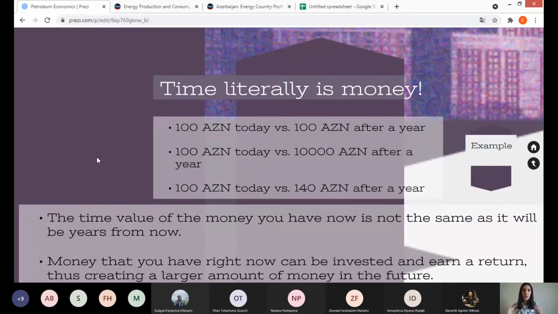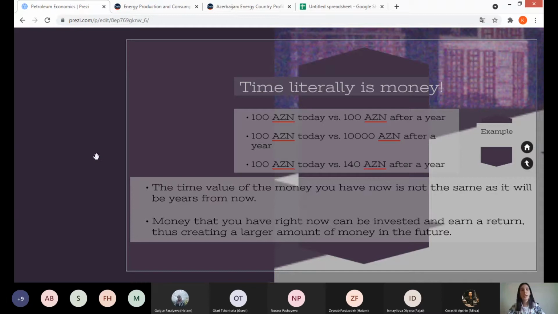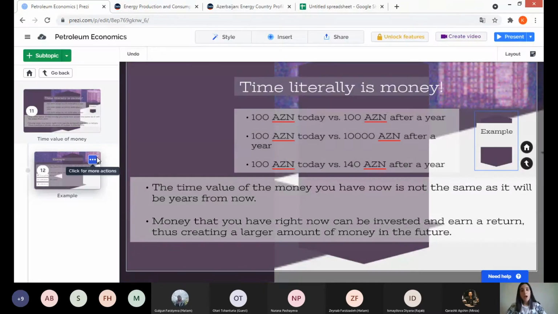So imagine one person came to you and said, I have 100 manat today. So for foreigners, manat is the Azerbaijan currency. So they say, I have 100 manats today. You would like to take this 100 manat today, or if you want, we can wait for a year.